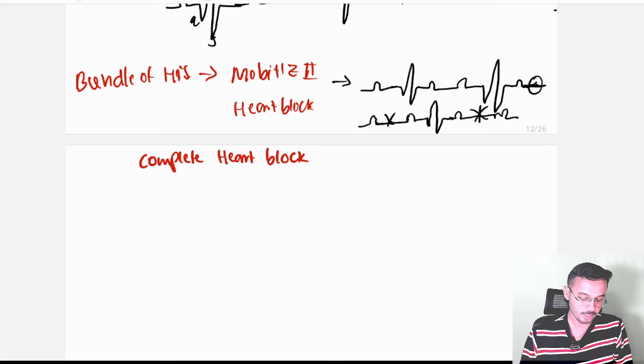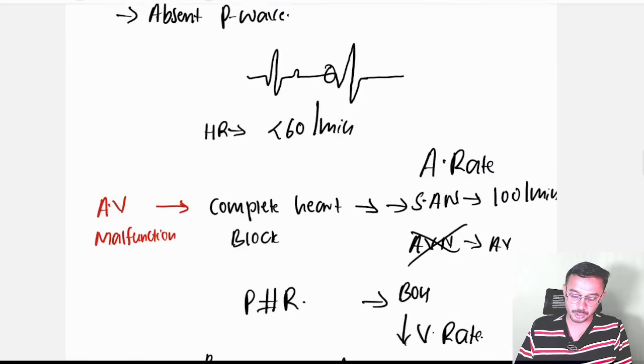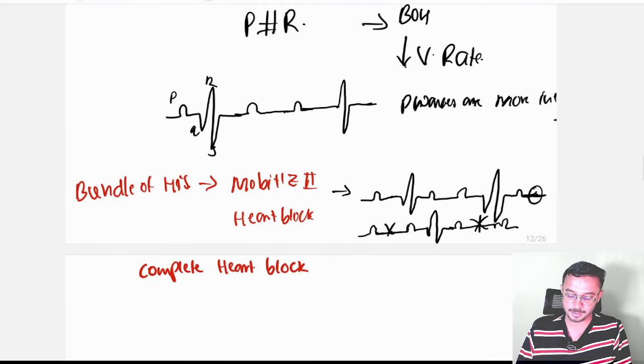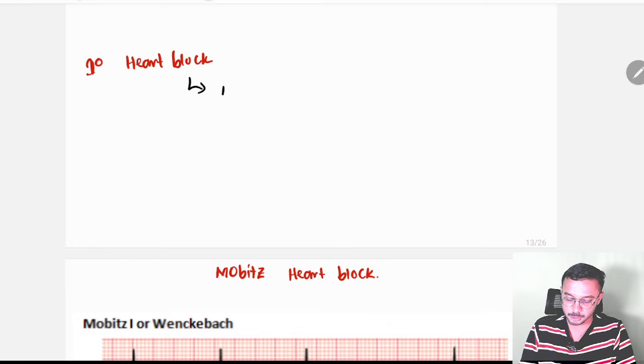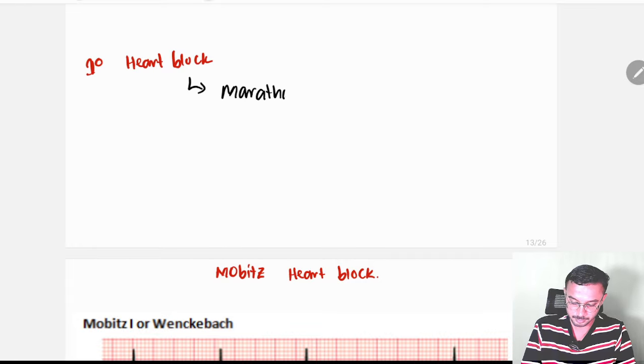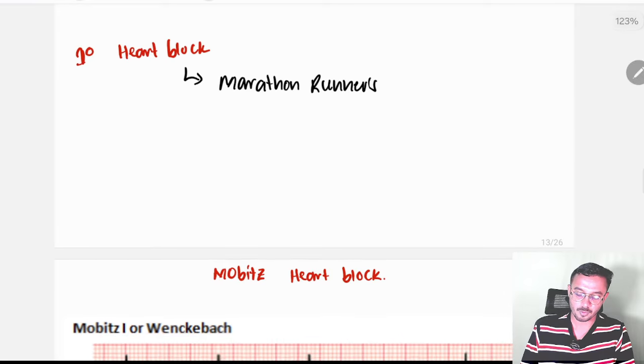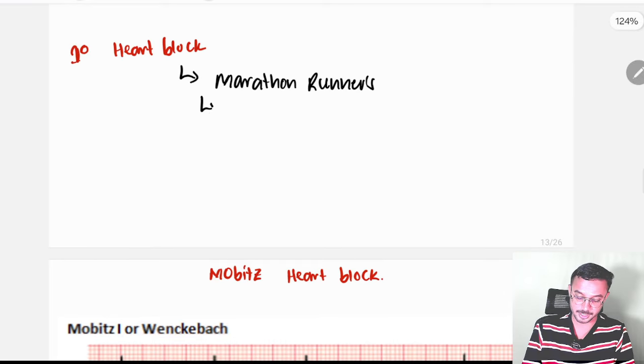So this is about complete heart block I taught you, and AV malfunction and bundle of His also I taught. And first degree heart block is very simple. What actually happens in first degree heart block, as in marathon runners, is that the PR interval gets prolonged, right?